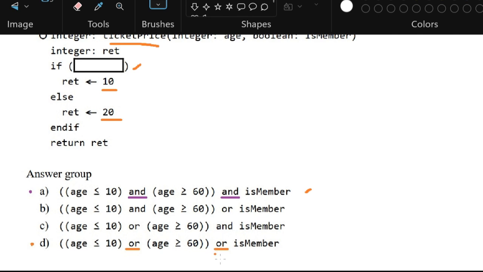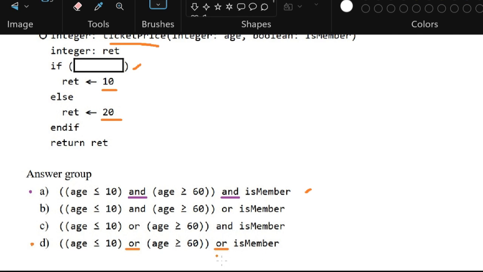Now, for the last part where we got the is member, whether or not the passenger is 10 years old or under, or 60 years old and up, if he or she is a member, then that person would get a discount, right?